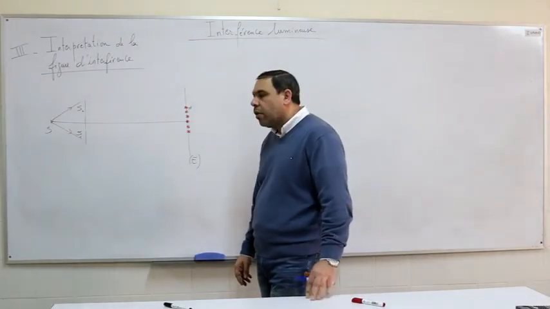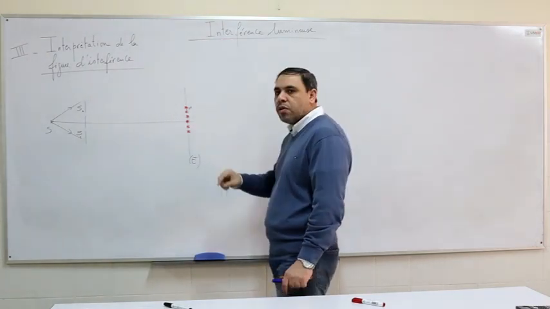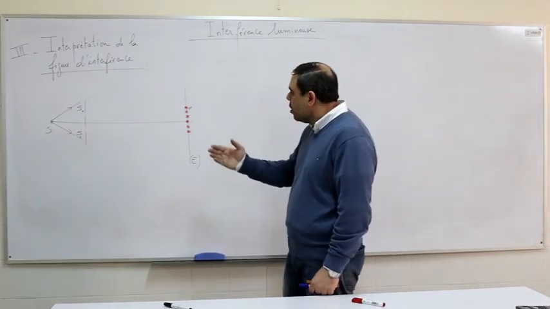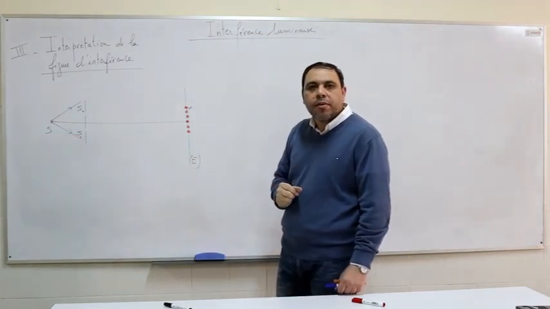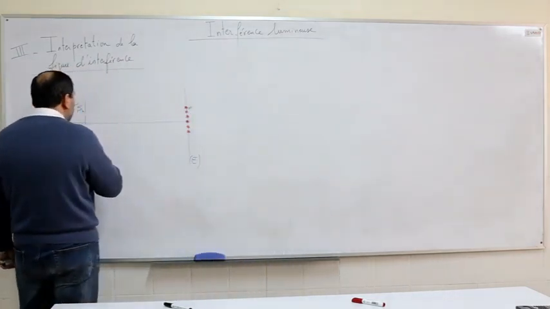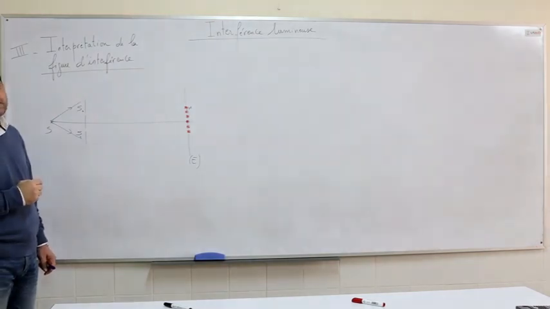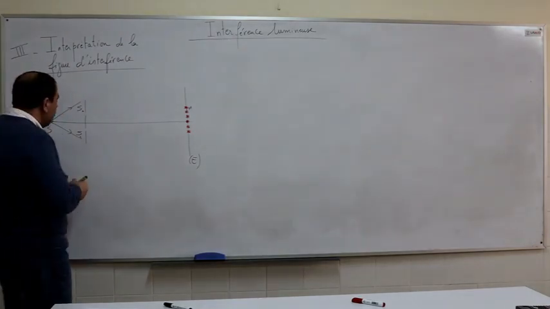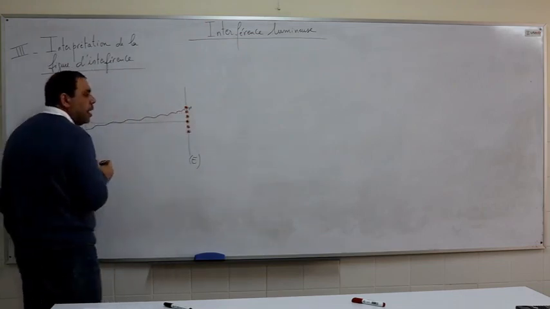In Young's double slit experiment, we observe on the screen alternating dark and bright fringes. Now we want to interpret the formation of these fringes. Let M be a point at the center of a dark fringe. What is the reason for the formation of a dark fringe? S1 and S2 are two synchronous and coherent light sources, since they are the image of S. S1 emits a wave that reaches M, similarly S2.